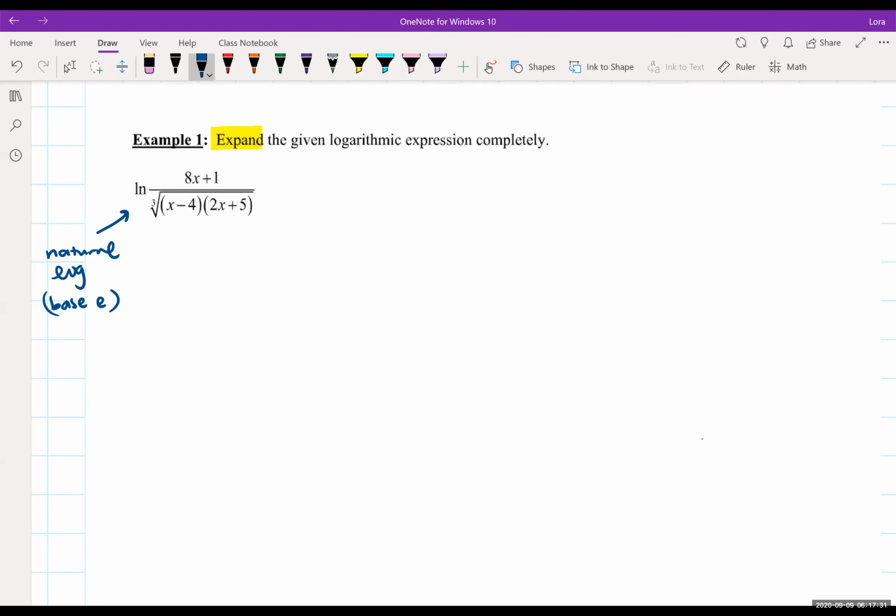And so I'll pick out a few characteristics of what I see. The first is I see radicals in the argument. And whenever I see radicals in the argument, before I even deal with the expansion properties, you may find it a lot easier to work with if you can rewrite them as rational exponents.